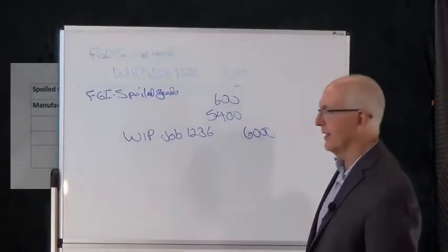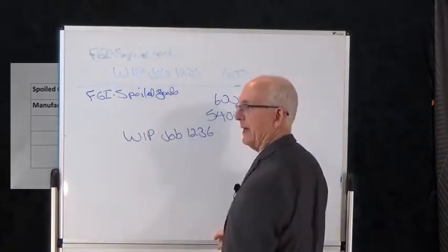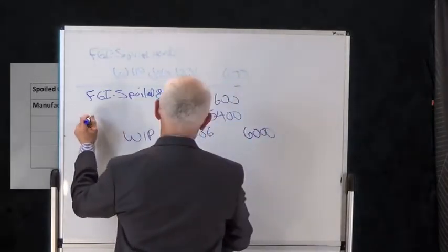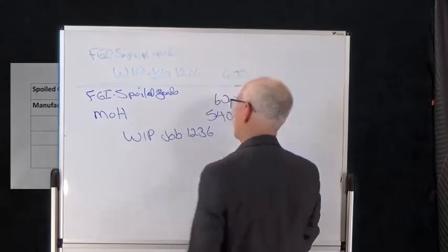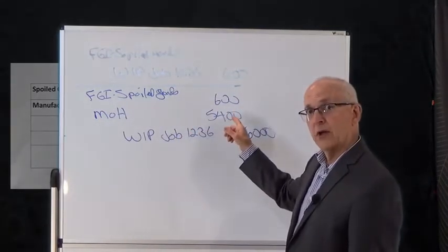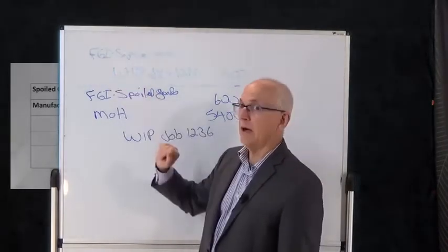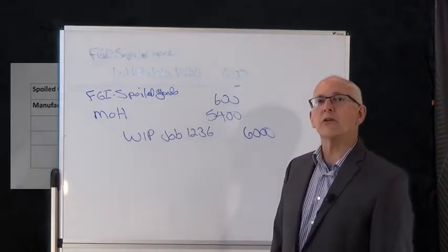Fortunately, it's a fairly light board. So what I'm going to say here, and this is also bad penmanship, this is lined up with the $600. And so this then, manufacturing overhead, is the $5,400. So this is normal spoilage, but caused by the factory itself, not caused by the job. So we're taking the entire amount out of the job and saying that job should not be charged with this.